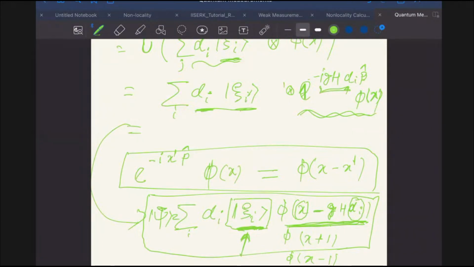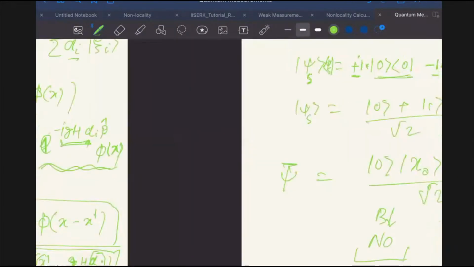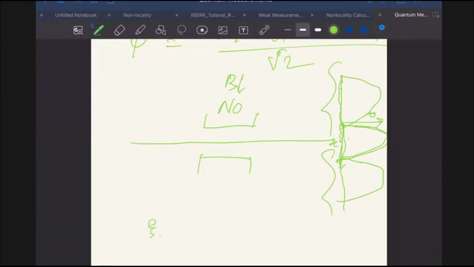For two states, say psi 1 and psi 2, there is a certain probability that it will come up for some state, let's say phi x minus 1. So this is the detection state, the position state. Let's say these two spin states correspond to a single detection state, meaning the position state.